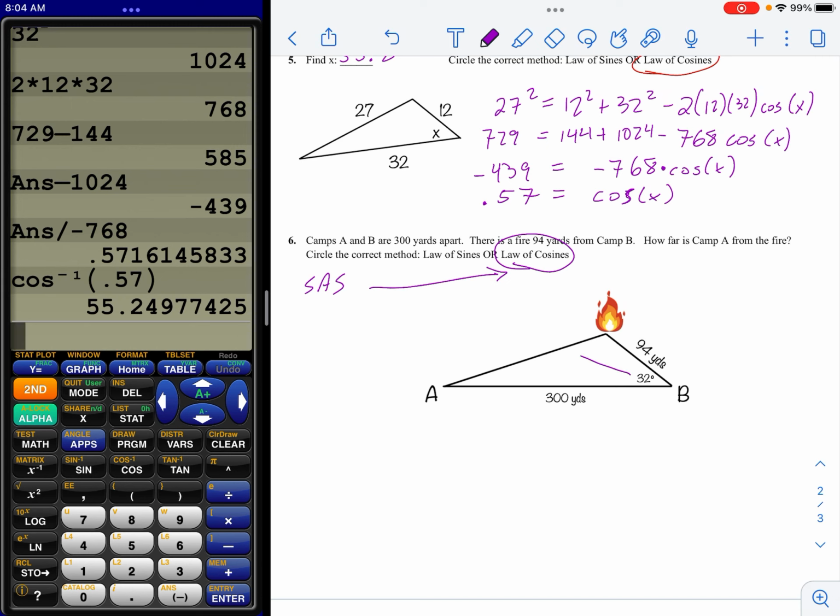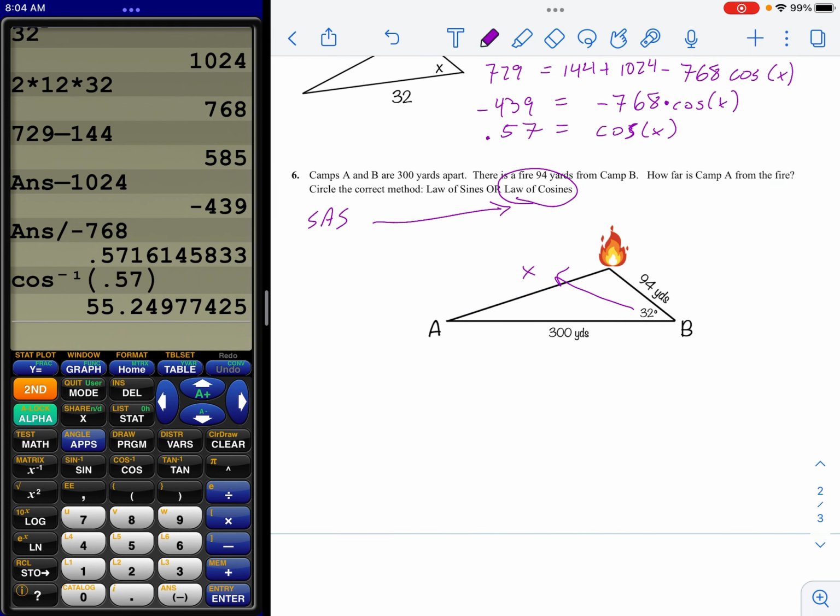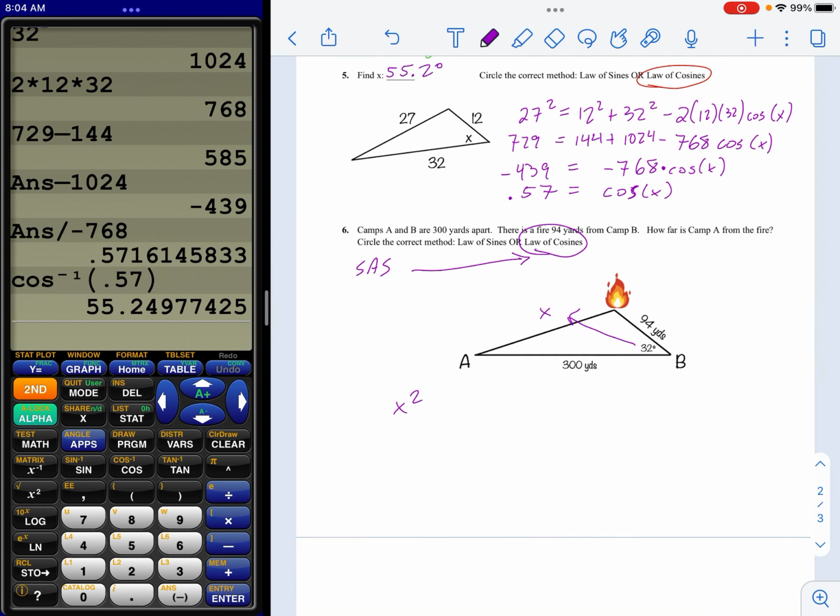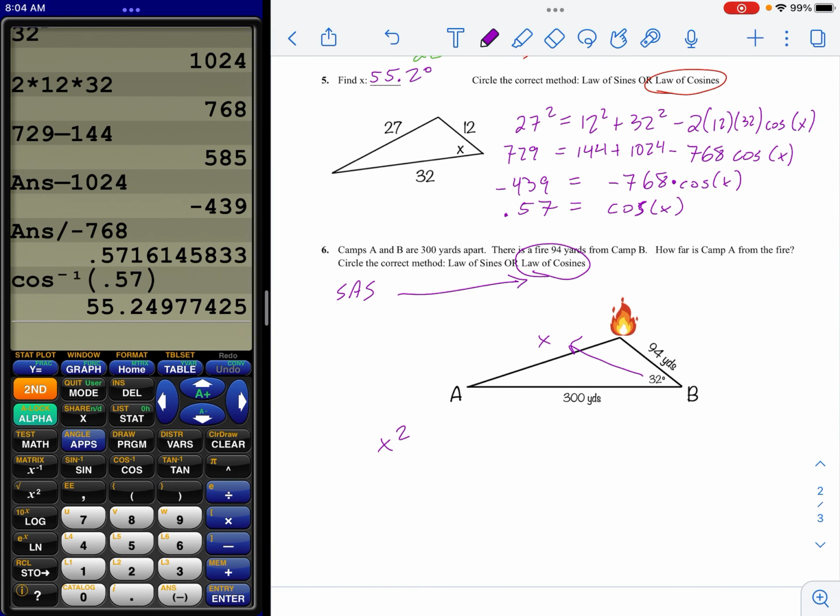And furthermore, you're going to be finding this side over here, which happens to be the question. How far is Camp A from the fire? This side of the triangle. So start off the whole thing with x squared, because that's the side we don't know. Kind of like up here, we started with 27 squared, because it was across from my angle.